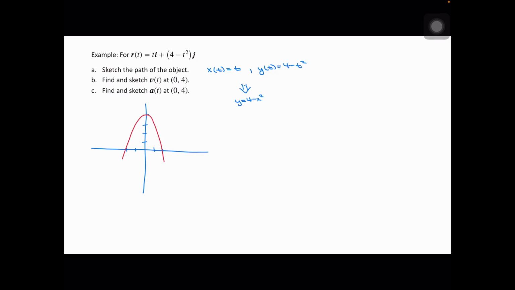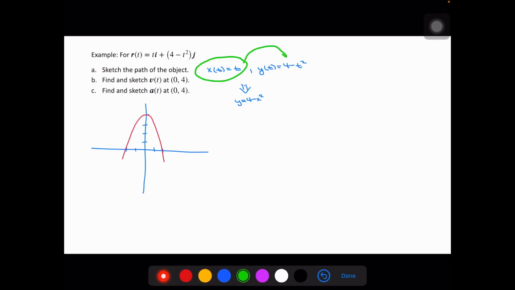So if x equals t, we can just plug that into y equals 4 minus t squared, and we get y equals 4 minus x squared. I graphed that function in red at the bottom of the screen. It's a parabola that opens down, has a y-intercept of 4, so that's what I've drawn in red.